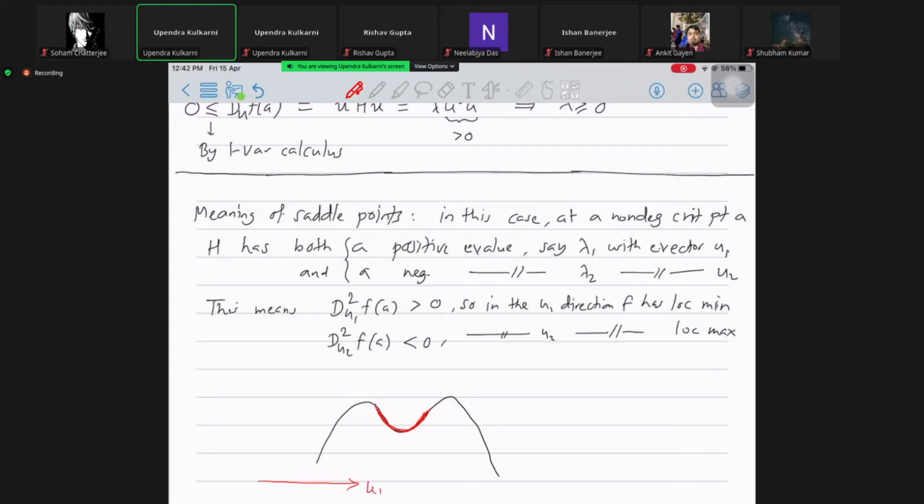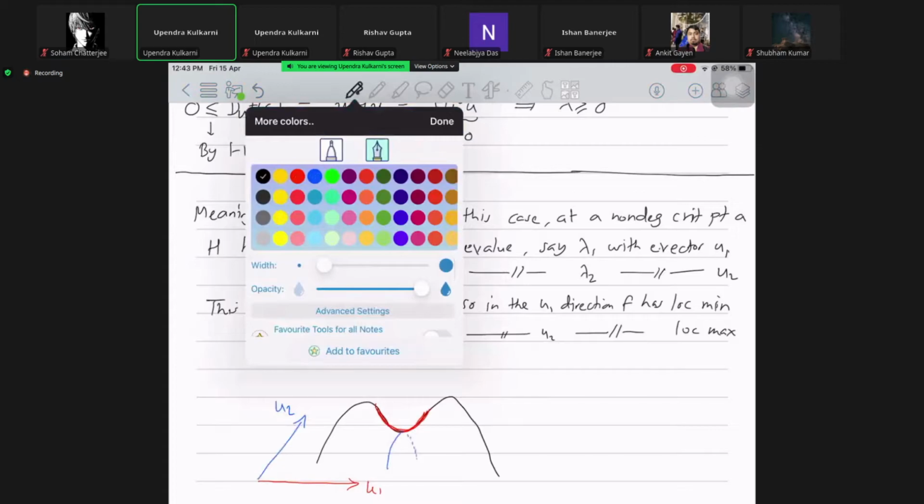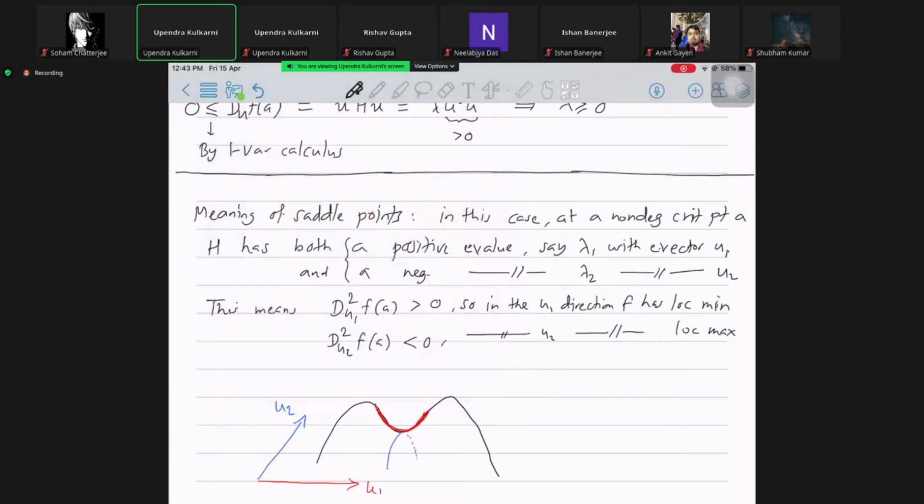And in the U2 direction, imagine that I'm crossing from one side of this to another side. So that is the U2 direction. I have a local maximum. So the point A is over here. I hope the picture is clear.